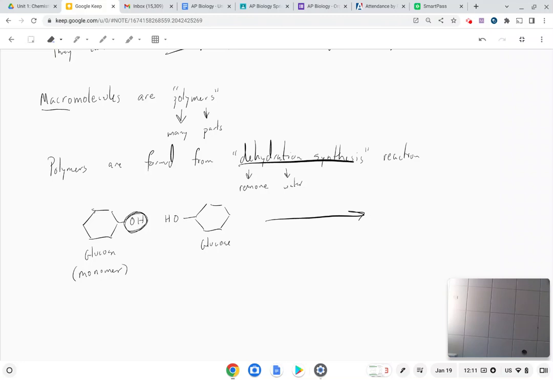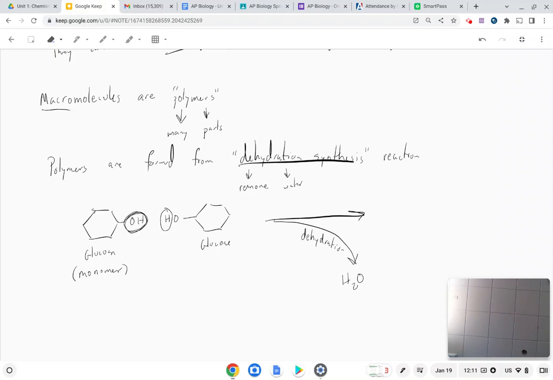Circle just the hydrogen here. Now, if we took those and connected them together, that's going to produce a water molecule, and thus the dehydration. Does everybody see that? That's why we call it dehydration. We're taking the water molecule out, producing the water molecule.